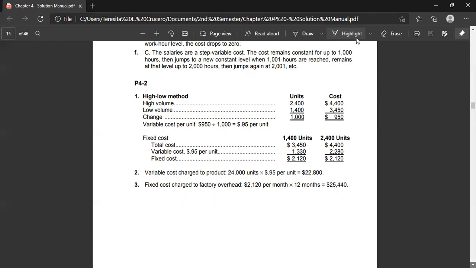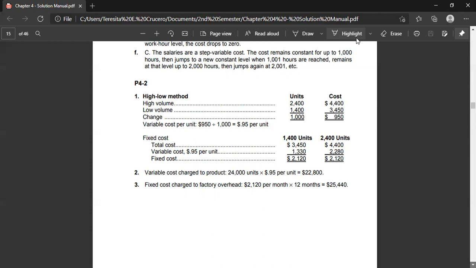Then the lowest capacity is that of October. So October is 1,400 units, and the cost attached to it is 3,450. Now we determine the change in the units, 1,000, and then in cost is 950.